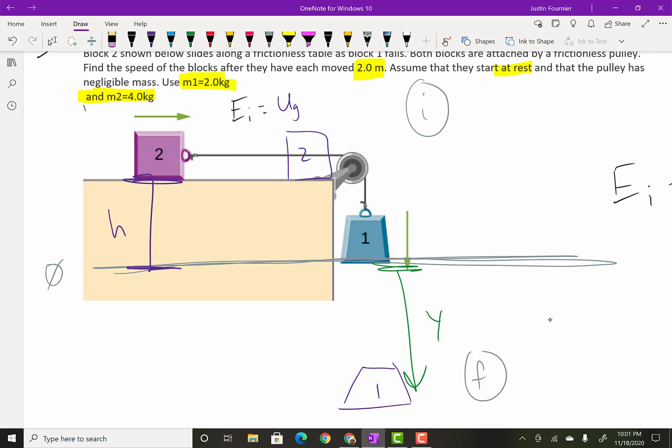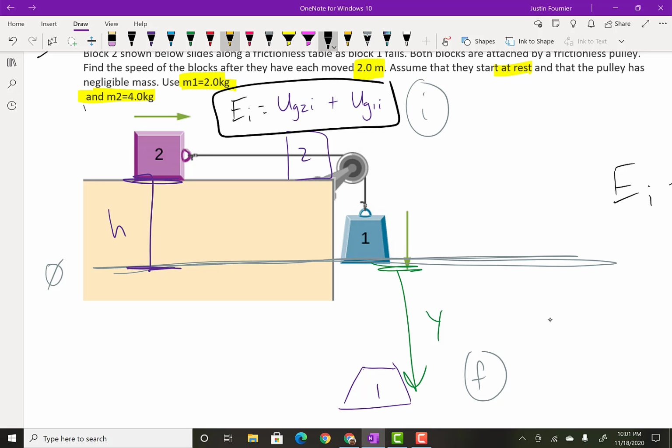So that's the initial gravitational potential energy of object 2, plus the gravitational potential energy of object 1, let's say, right? Even though object 1 is at my 0 mark, so we know this is going to be 0, but we're just going to say that that's the case right there. Okay, so there we go.